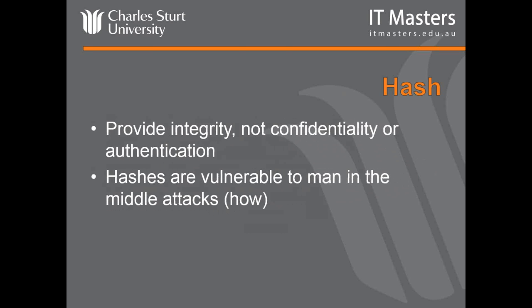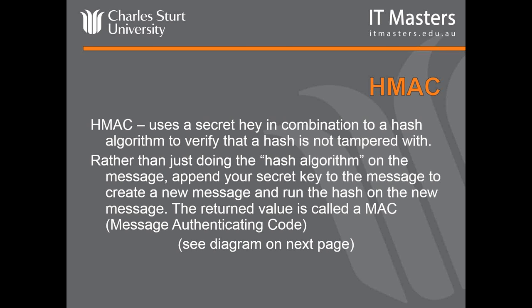So we provide integrity with a hash, not confidentiality or authentication. Hashes are capable of being attacked by man in the middle. I'll ask that question on the forum because we're running low on time. HMAC uses a secret value in combination with a hash.